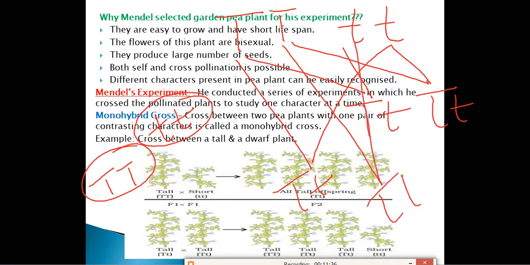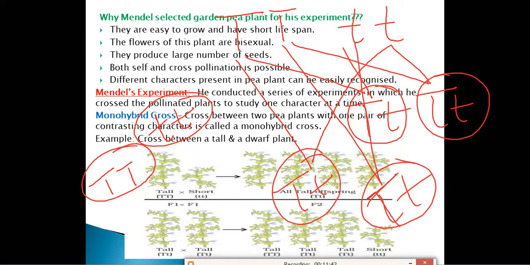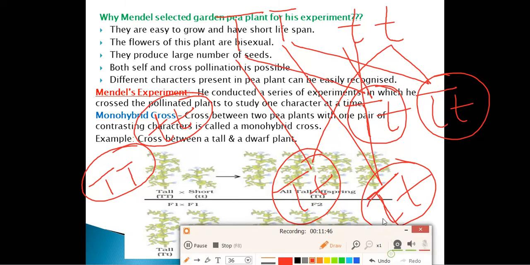All the plants you can see there are tall because the tall character is present in all 4 plants. So in the F1 generation, the plants you get will always be tall.